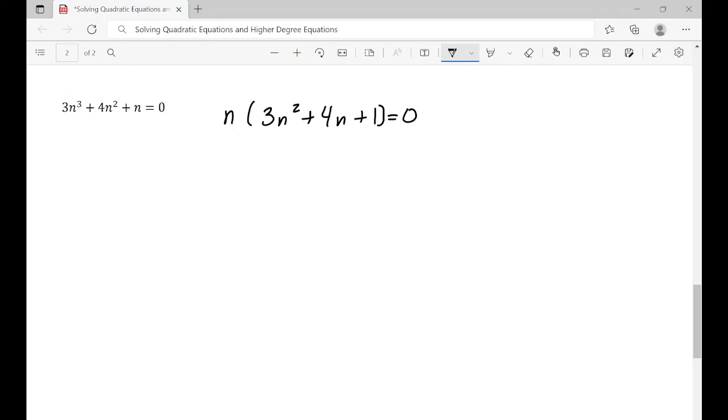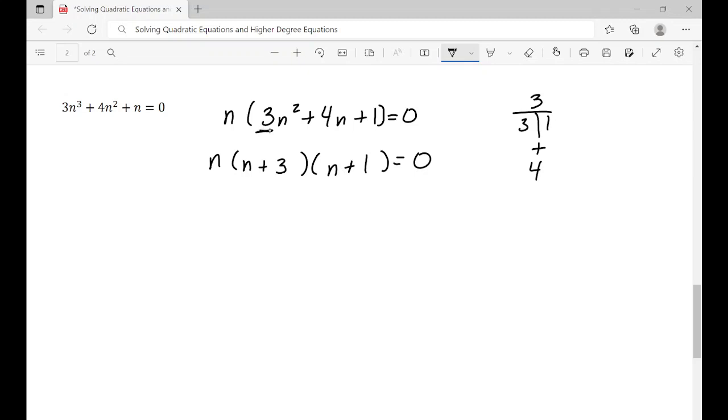Now, n is just on the outside, so I'm going to leave it alone, but I need to factor the inside. So 3 times 1 is going to give me 3, and what times what gives me 3 but adds together to give me 4? 3 and 1. So setting up my factor form, I'm going to get n plus 3 and n plus 1.